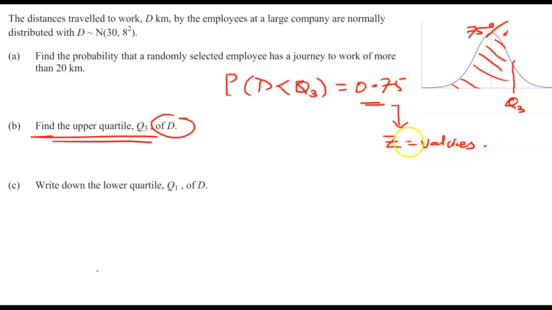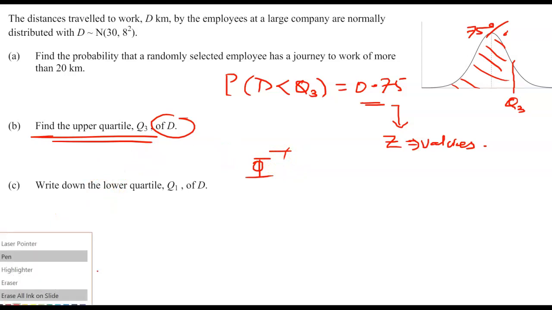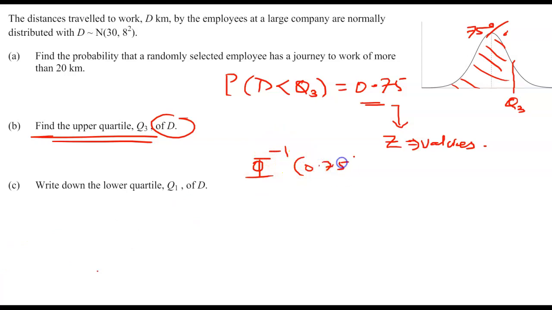So we find the Z value that gives us this probability, or what we call the inverse normal. That means we're looking for the phi inverse of 0.75.